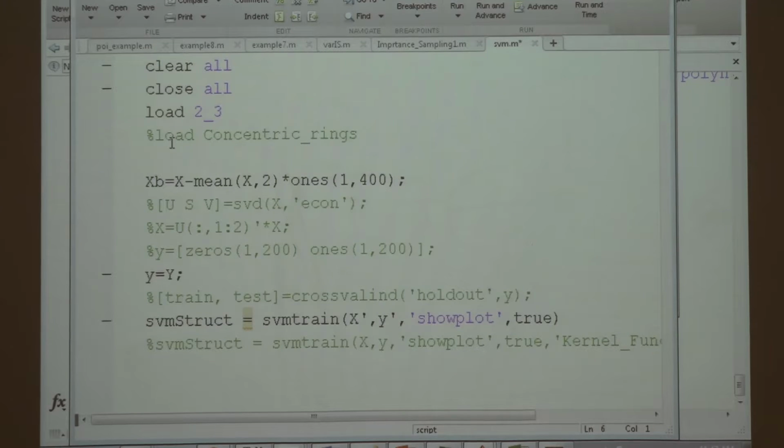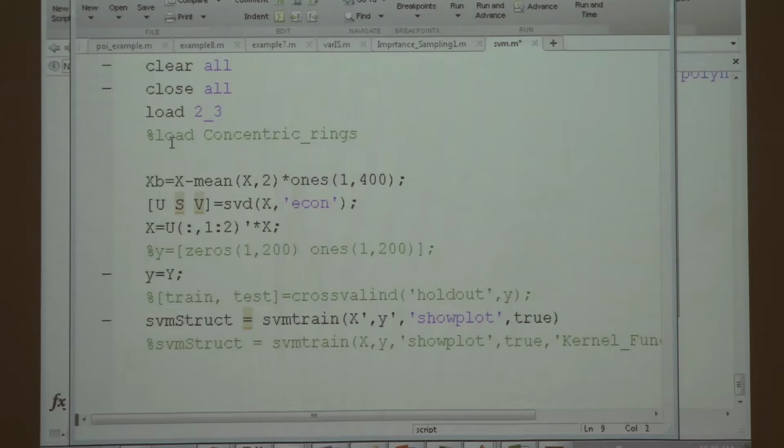So I remove the mean here. I apply singular value decomposition. So it's going to give me basis, and basis transpose x would be basically new data, my data in two-dimensional space.